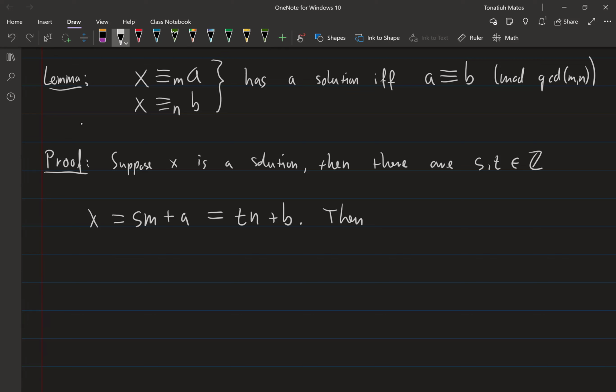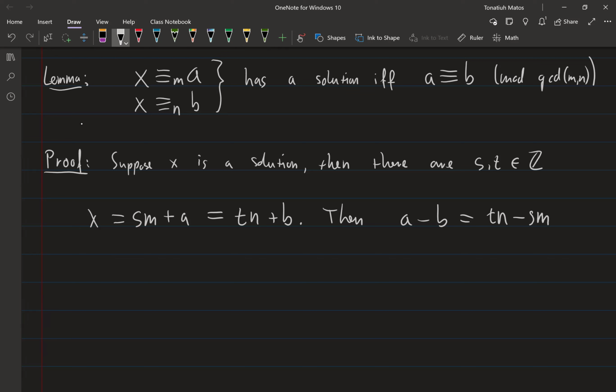Now this part might be a bit tricky, but the trick that I think works is you subtract b from a, and if I do that, then I should get, let's see, a minus b is tn minus sm, if I did this right.